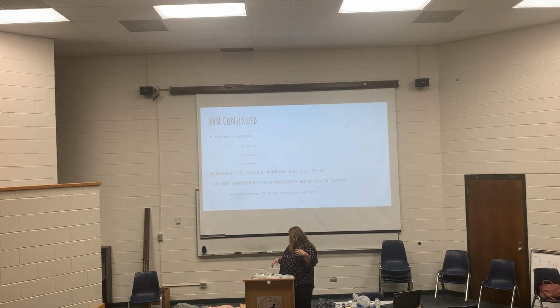So, if you hyperventilate this patient, it will increase that intracranial pressure, which is basically like swelling in the brain, and that's no good. So, we actually decrease ventilations for them. And the best way to do that is to keep the CO2 between 30 to 35.